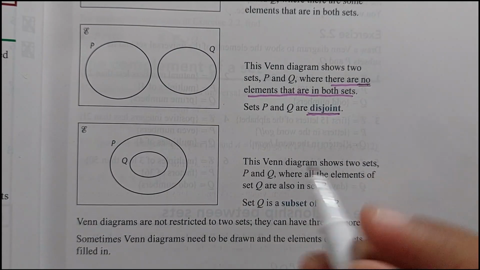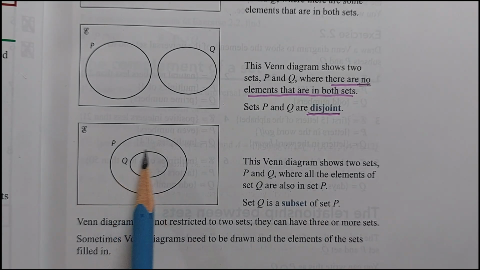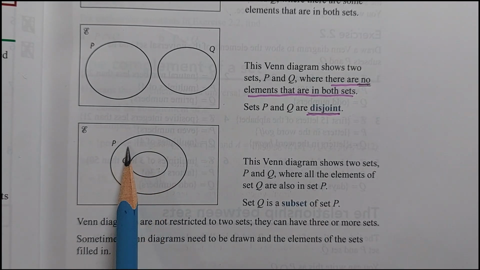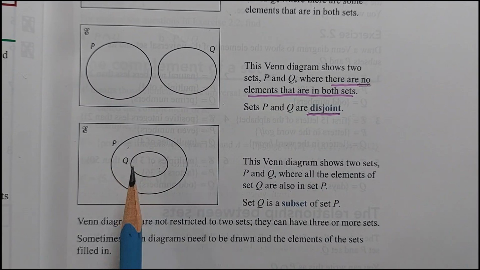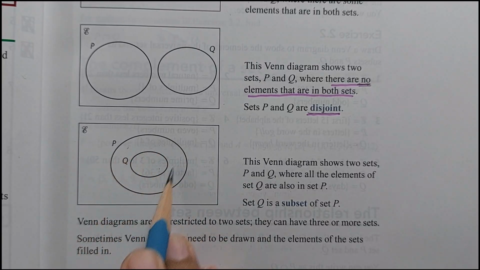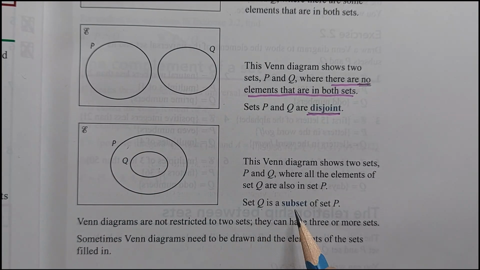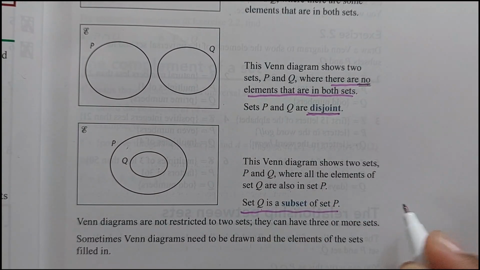Let's move to the third Venn diagram. This Venn diagram shows two sets P and Q where all the elements of set Q are also in set P. All the elements of Q are inside of P, but P also contains some other elements which are not present in Q. So we can say the set Q is a subset of set P. Here Q is a subset of P, but P is not a subset of Q. Why?